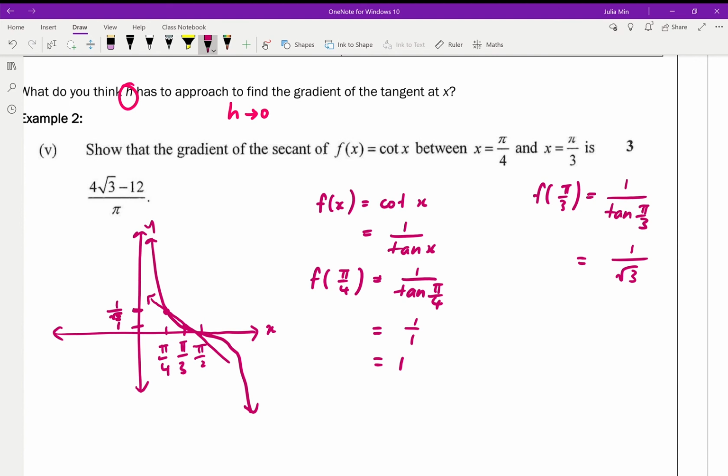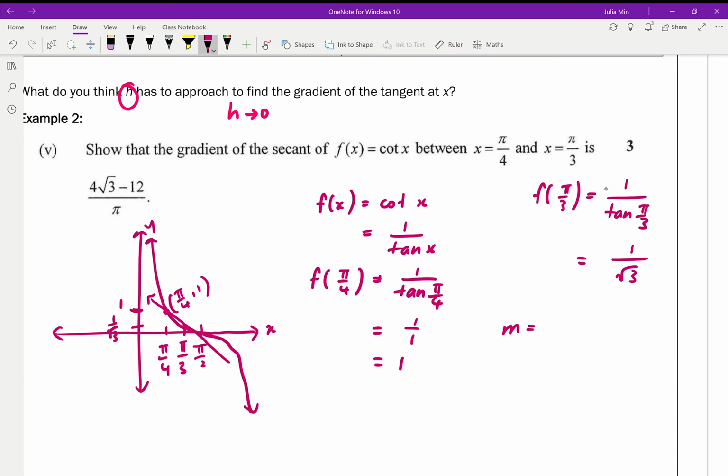So this is just a y2 minus y1 situation. So here it's pi over 4 comma 1. Sorry, this is 1, the other way around. Sorry, this is 1 and this is 1 over root 3.